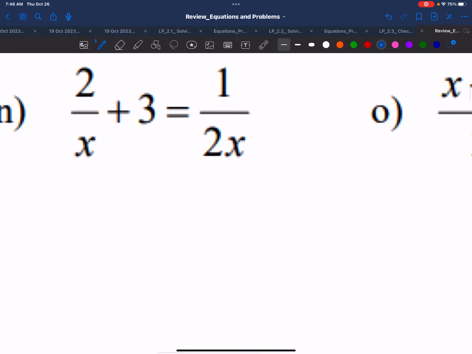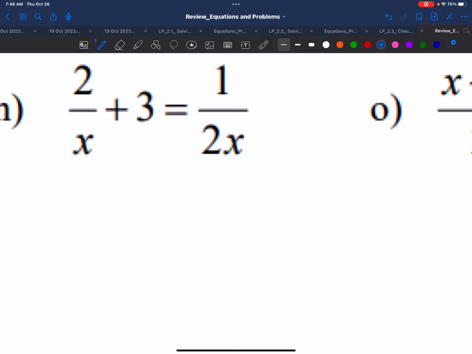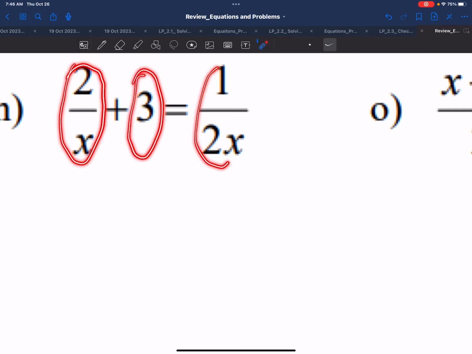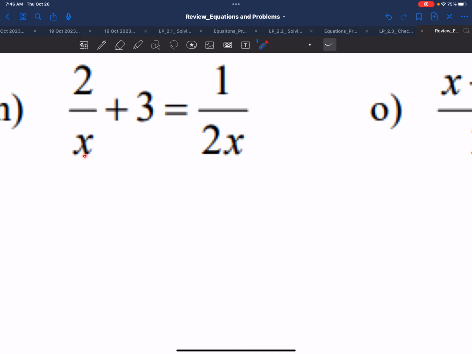Let's take a look at another equation. So in this equation, we have 1, 2, 3 terms. Now, some of the terms are in fractional form and some are just non-fraction terms, which we can convert into fractions if we decided to do so by giving them a denominator of 1. So now we look at all the denominators.